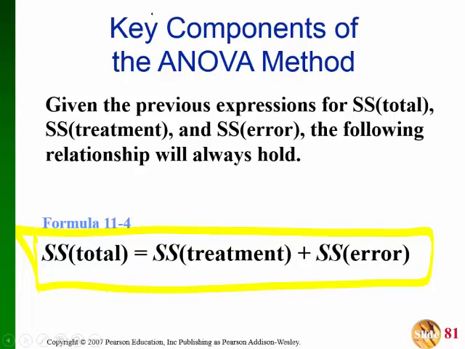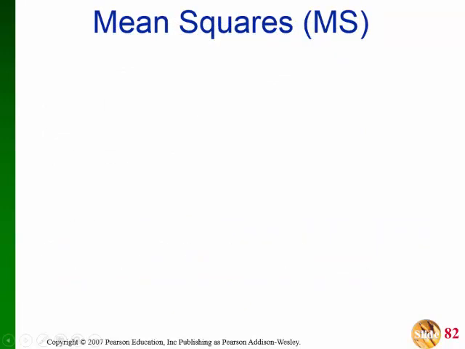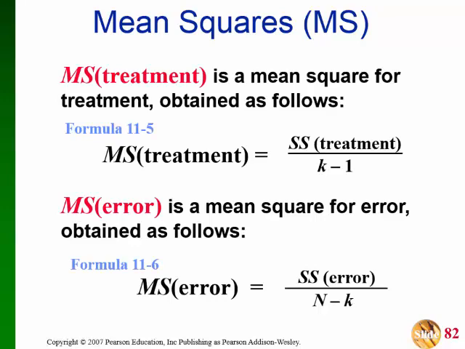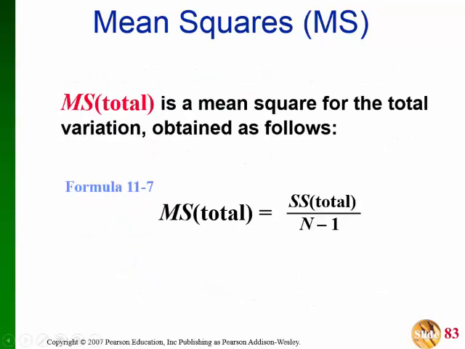So all you have to do is pull that out of your calculator and then just add them. The MS total is not the sum of the MS treatment and the MS error, so be careful about that last part. So finding the MS total is a little bit different. It's not adding up the MS treatment and the MS error.